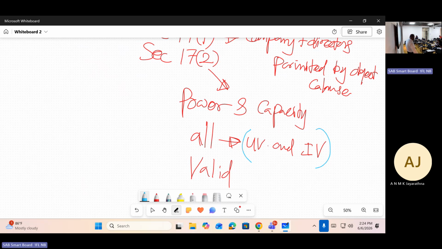Actually, it is not removed. The ultra vires rule is accepted by the company. It is not eliminated by section 17(2). Actually, it is not eliminated. It is not removed.